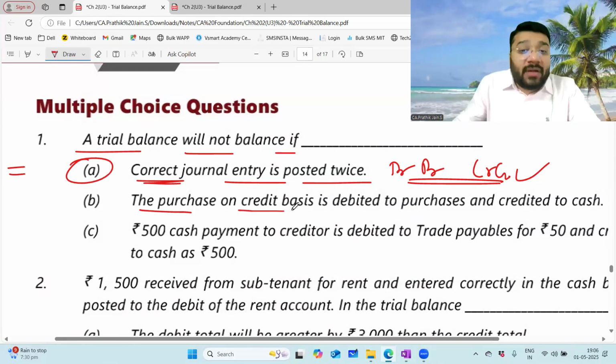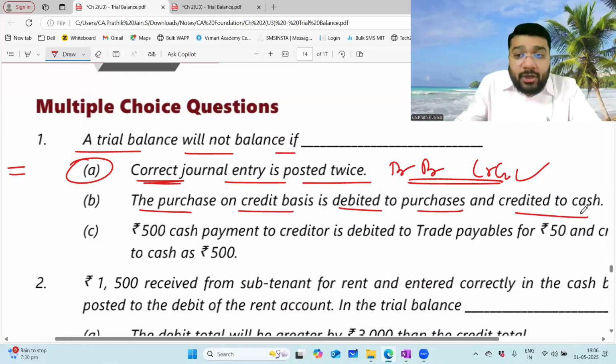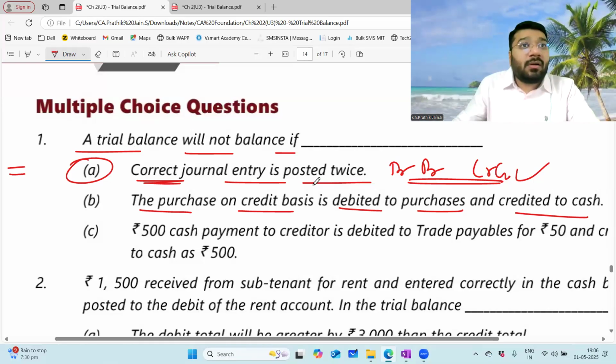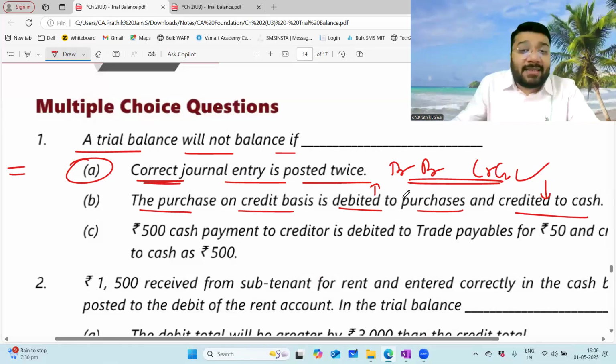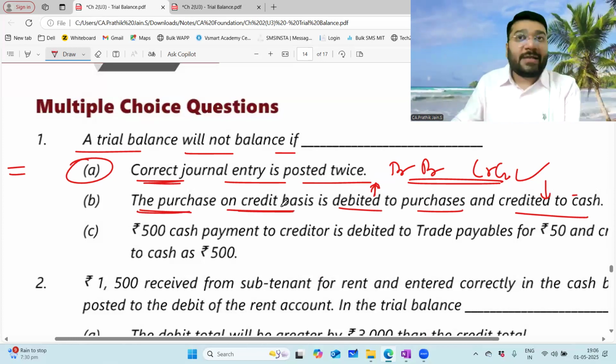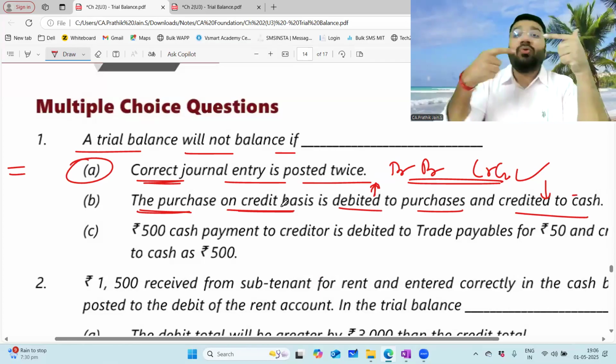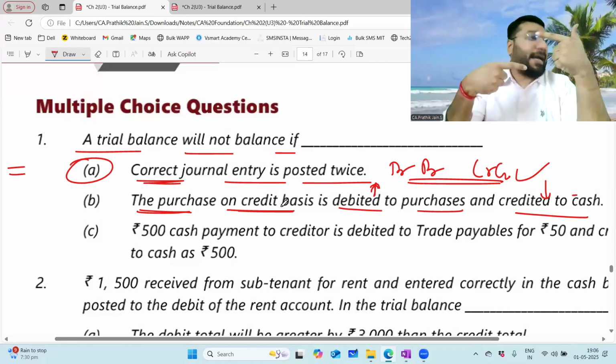The purchase on credit basis is debited to purchase account, credited to cash account. One item is increasing, another item is decreasing. What is the actual entry? Purchase to creditor, instead of purchase to cash.